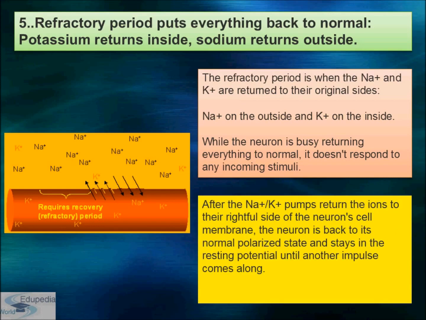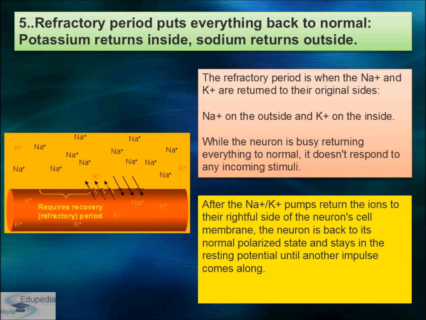When I say refractory period, it means returning back to the polarized state, which was the first step of the transmission of the nerve impulse. So it becomes polarized. Polarized means Na+ ions are outside and K+ ions are inside, returned to their original sites or original home.